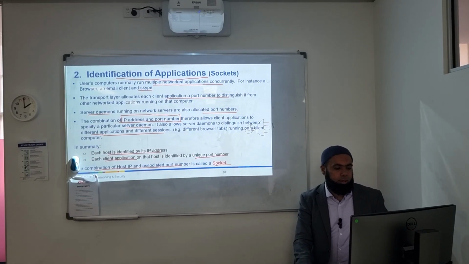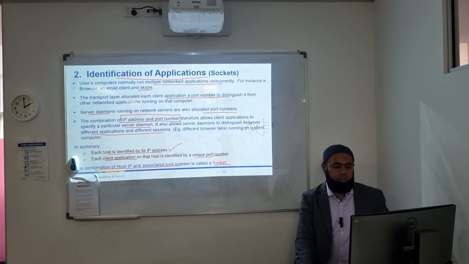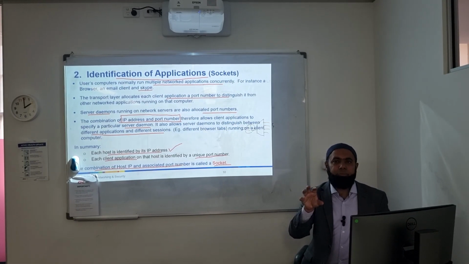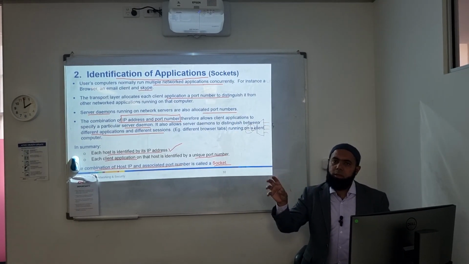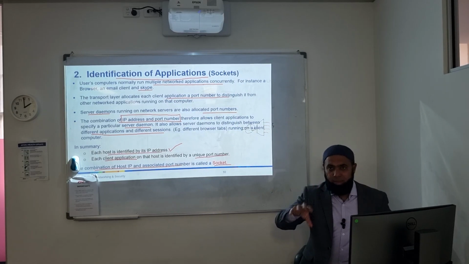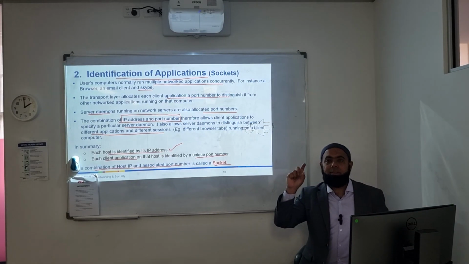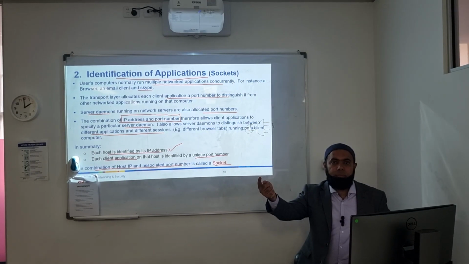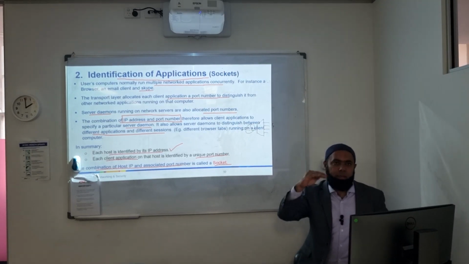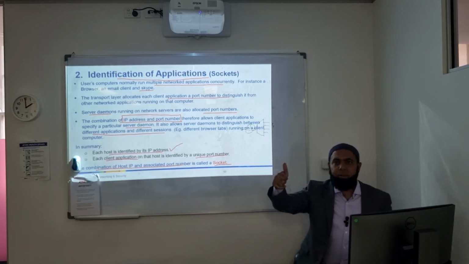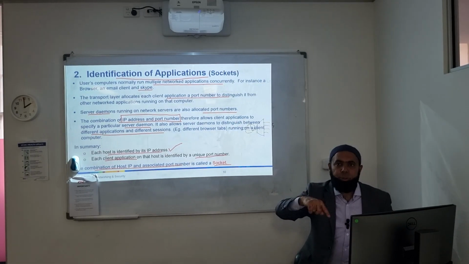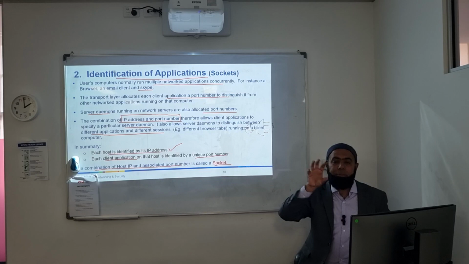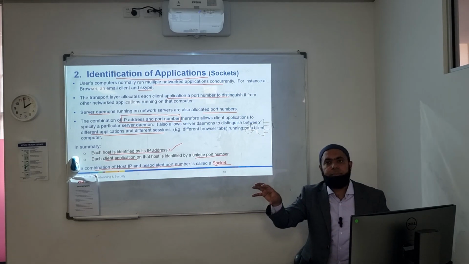So in summary, every host, every computer, has an IP address, and every client application has IP address plus port number. Looking at it separately again, each computer has an IP address, and within each computer, every application has its own port number.